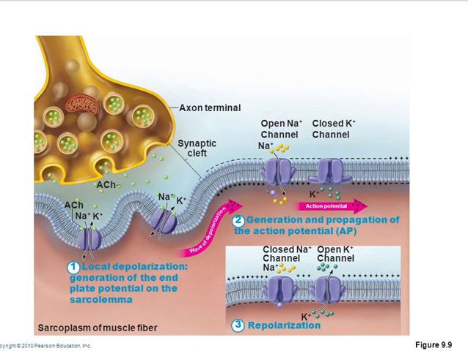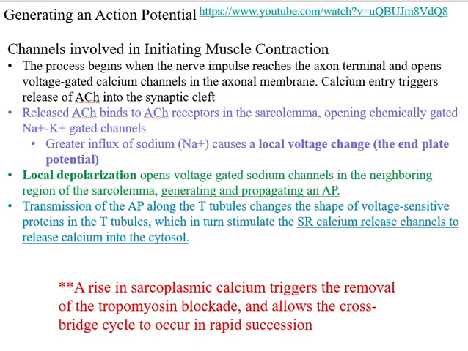So that wave of depolarization travels to other segments of the sarcolemma, opening those sodium voltage-gated channels, allowing for further influx of sodium, further depolarization, and we'll move away from just that local depolarization to a true depolarization, which is one of the first steps after reaching threshold in an action potential.